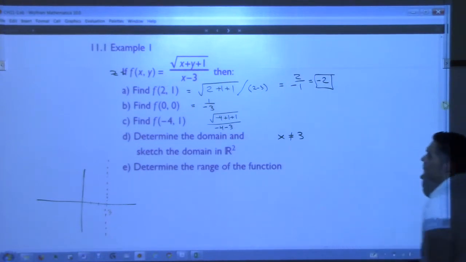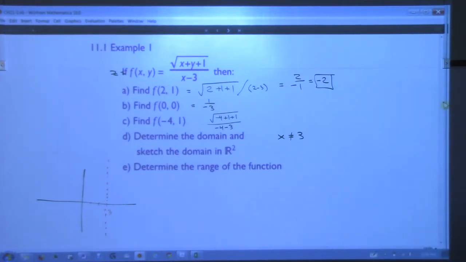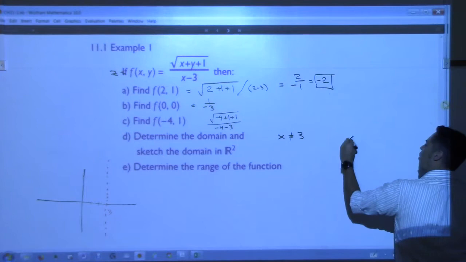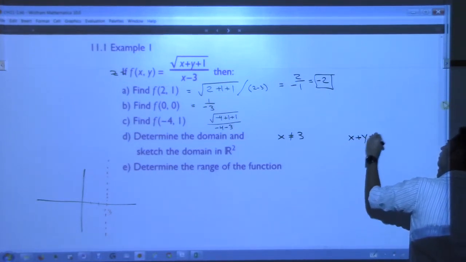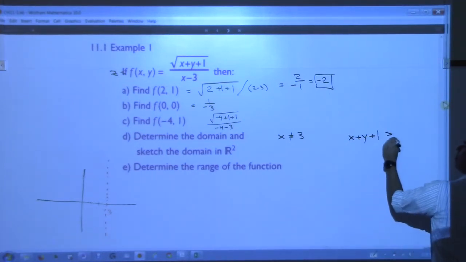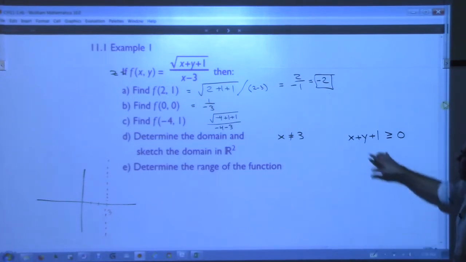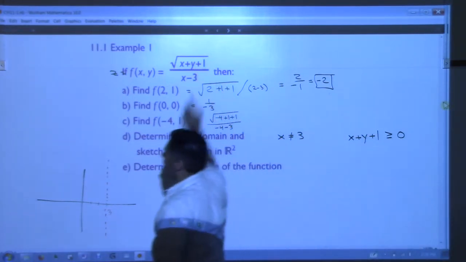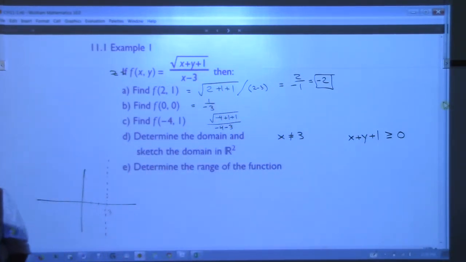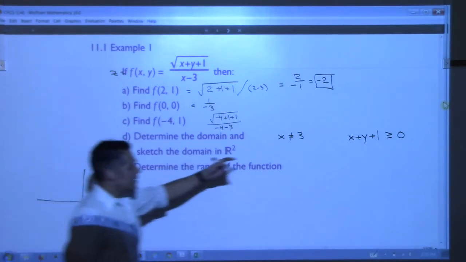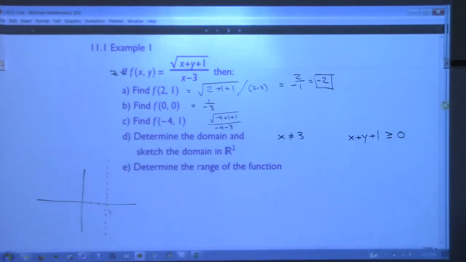What's the other problem? X plus y plus 1 must be greater than or equal to 0, because what's underneath the radical cannot be negative. Right? And this, back in some other class you took, is called a linear inequality.